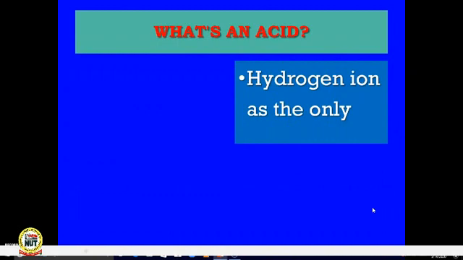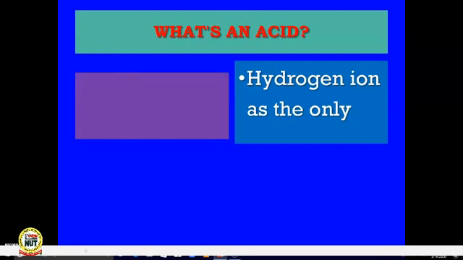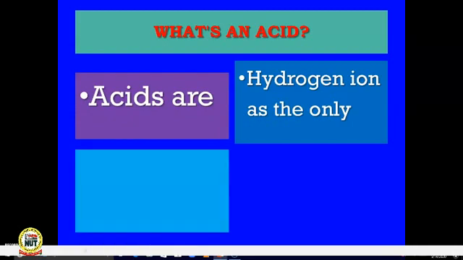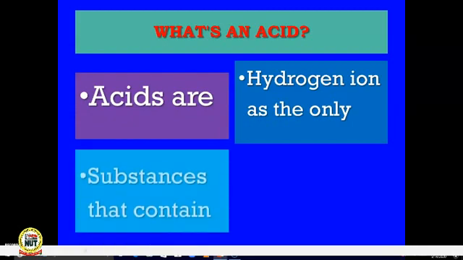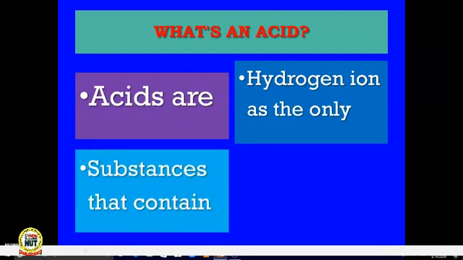Now let's see, what's an acid? What is an acid? Basically, first, acids are substances. They are substances. They are not ghosts. They are not things that you cannot see. They are things that you can see. Okay, so they are substances that contain hydrogen ion as the only, as the what?